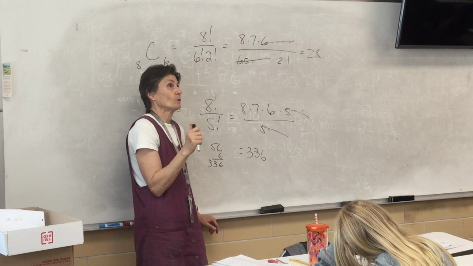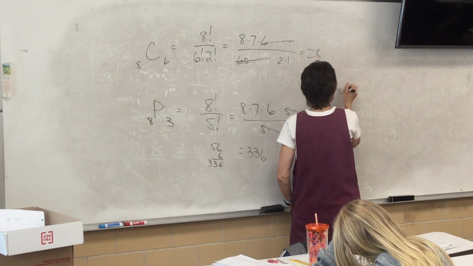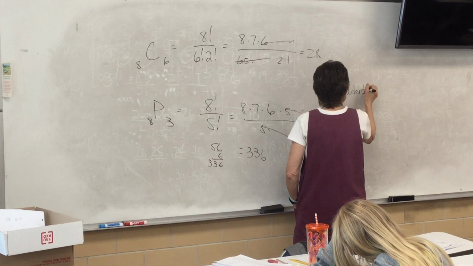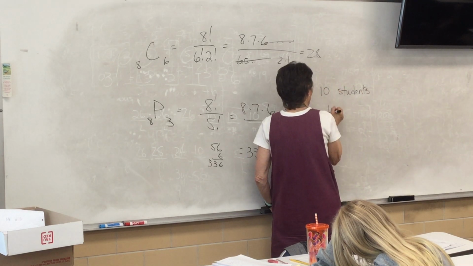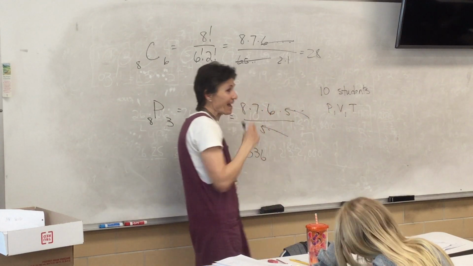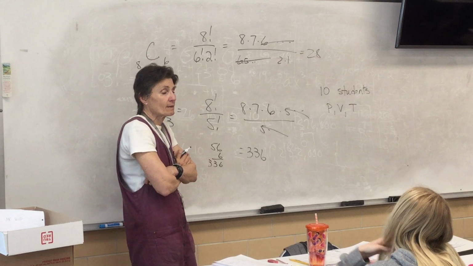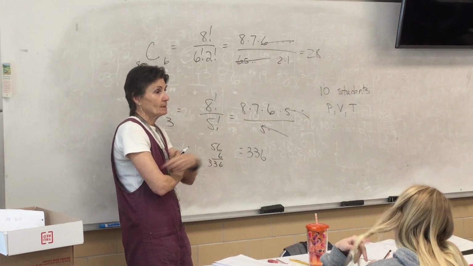All right? So let's say that I have 10 students in my club, and I have to pick a president, vice president, and treasurer. Is that going to be a permutation problem or a combination problem?